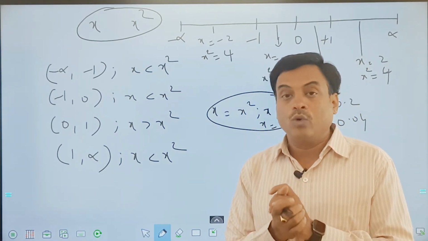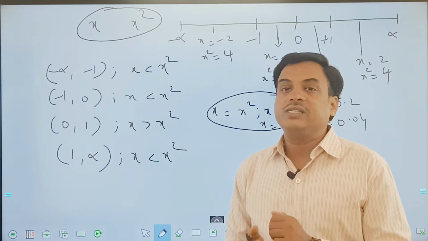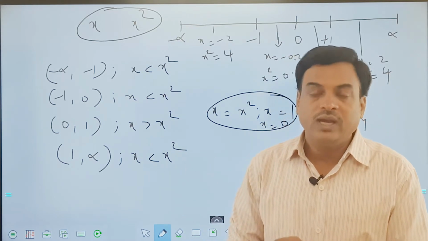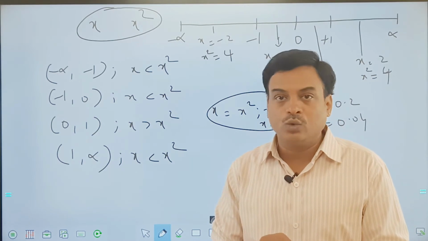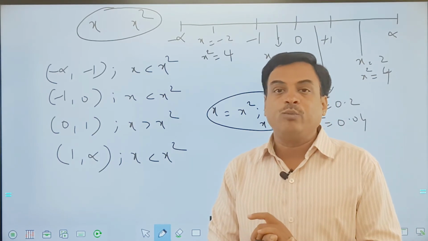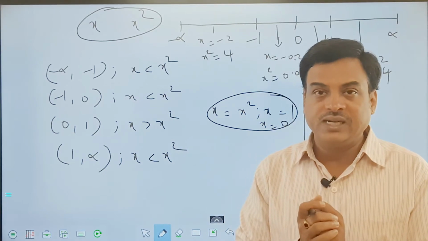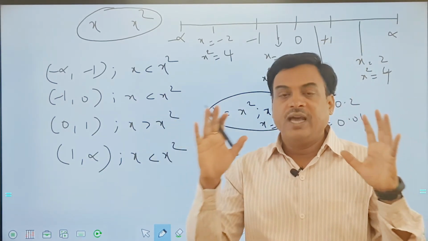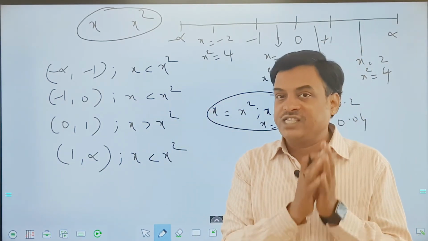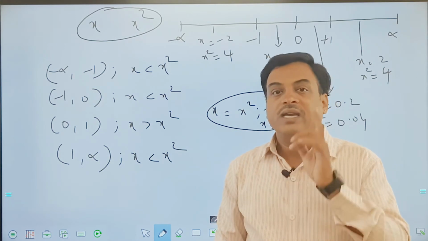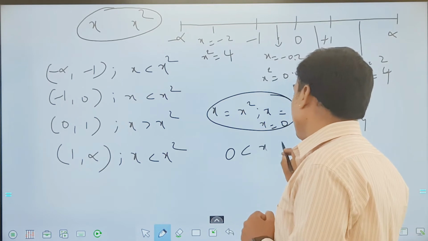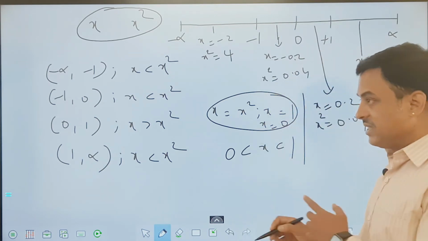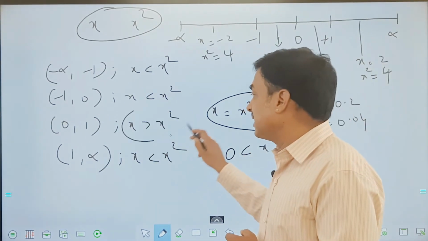Now to have a more important point, like how these conditions can be useful for you. Suppose the examiner wants to take a value between 0 and 1. Please understand, in a certain question, the examiner wants to define the x value between 0 and 1. Instead of directly saying x lies between 0 and 1, he'll say the value of x is greater than x square.